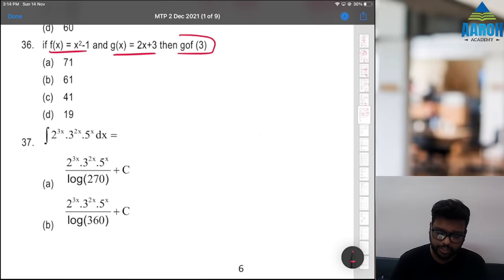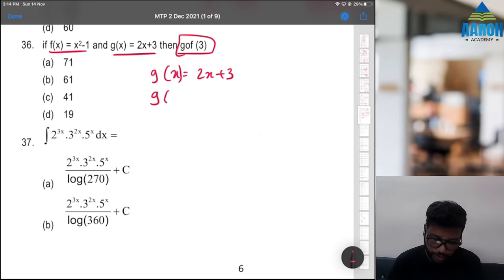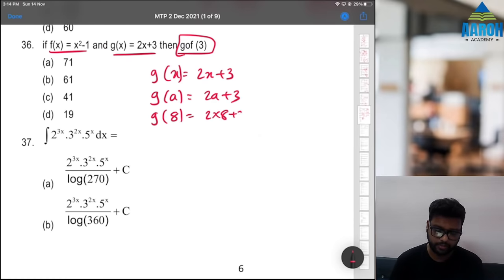36. f(x), g(x), we want g of f of 3. Okay. Understand? G of x, always think like this, g of x is 2x plus 3. That means, for example, g of a will be 2a plus 3. G of 8 will be 2 into 8 plus 3.